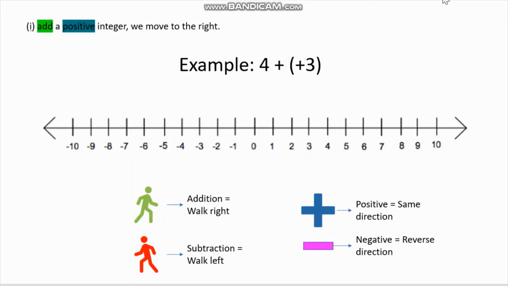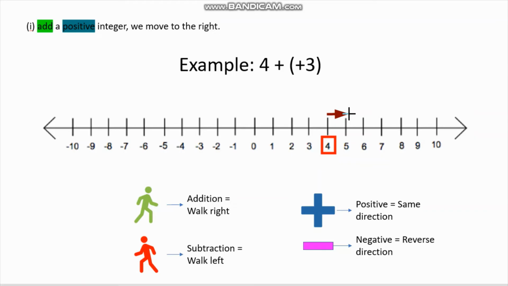Let us take an example for the first case. The first case is the addition of a positive integer. For our example, we are starting with 4 and then we are adding the positive integer plus 3. So we start at 4. Next, we know that addition indicates walking to the right side.